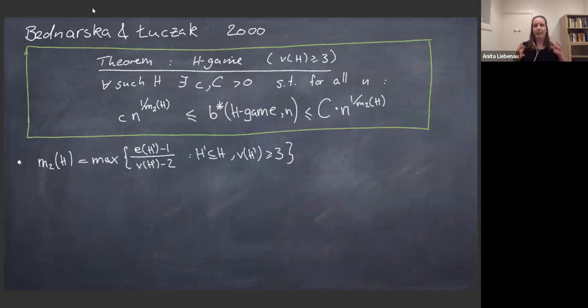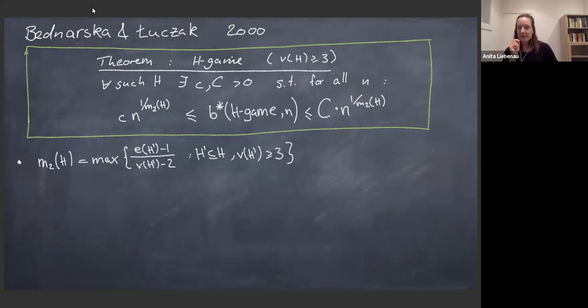In the H game, the goal of maker is to obtain a copy of some fixed graph H. So that's like generalizing the triangle game. Before we saw the triangle, where you don't care where in your graph you see this triangle, you just want a copy of a triangle. In the H game, you just want a copy of some fixed small graph H, and you wonder, what's the threshold bias for this game?